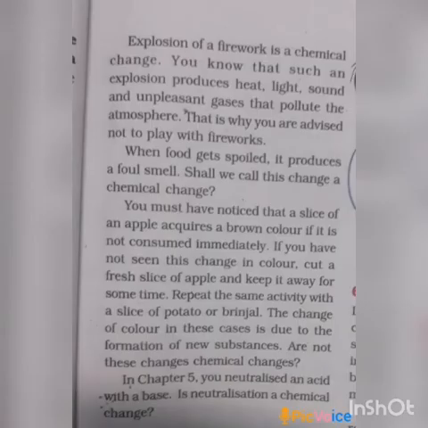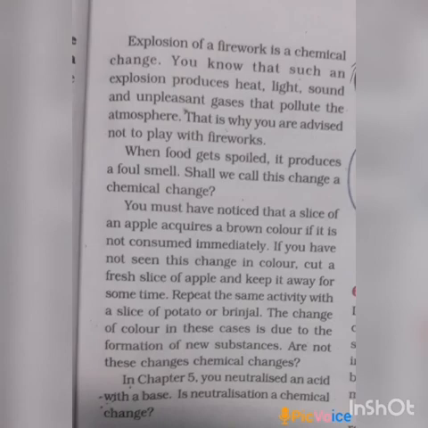Next children, explosion of fireworks is a chemical change. What will happen children? If you fire a cracker, what will happen? Explosion takes place and it produces heat, light, sound and unpleasant gases that pollute the atmosphere.